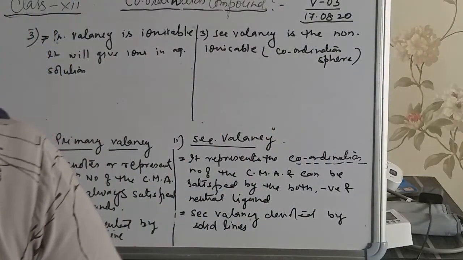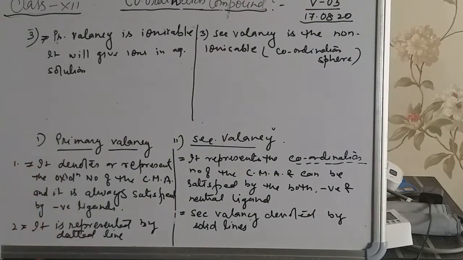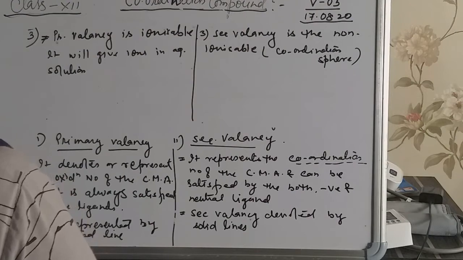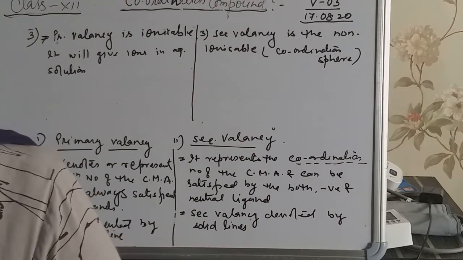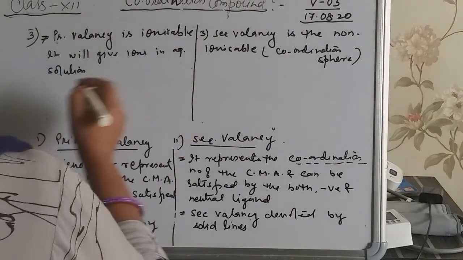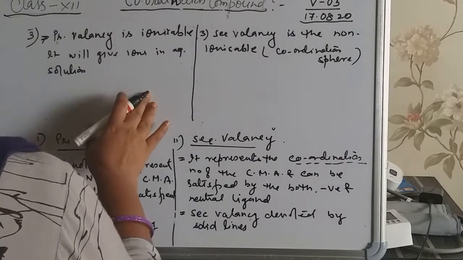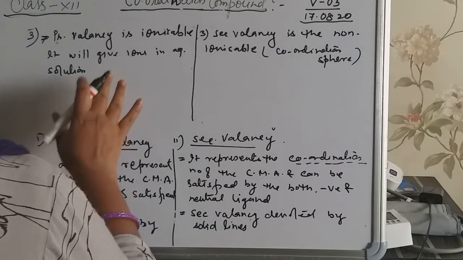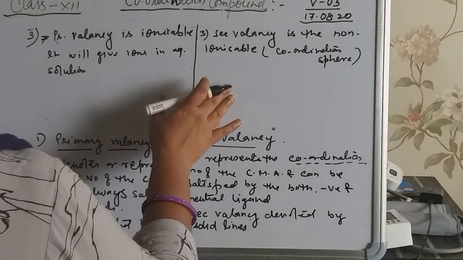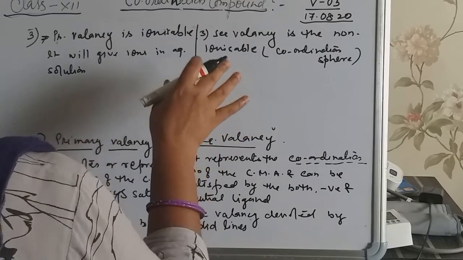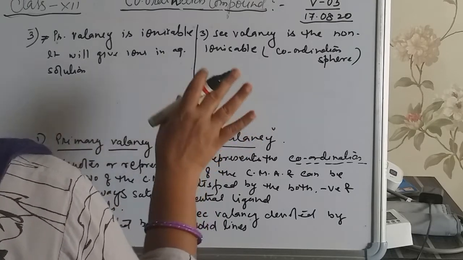As we know, the complex present in the coordination sphere does not give ions. Next is the secondary valence. Primary valence is non-directional and does not contribute to the structure, whereas secondary valence is directional and it is responsible for the geometry of the complex.